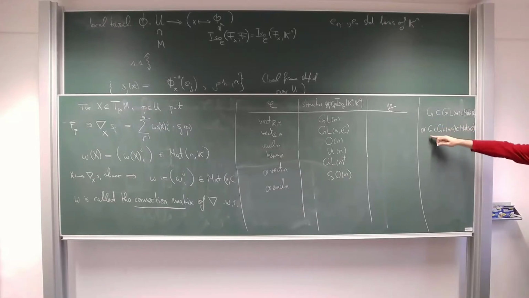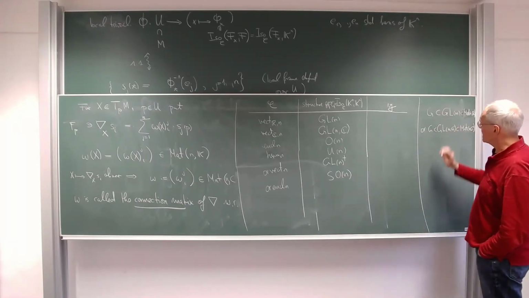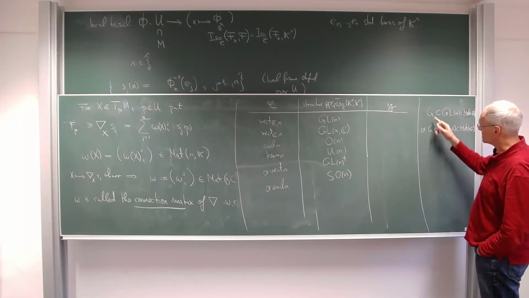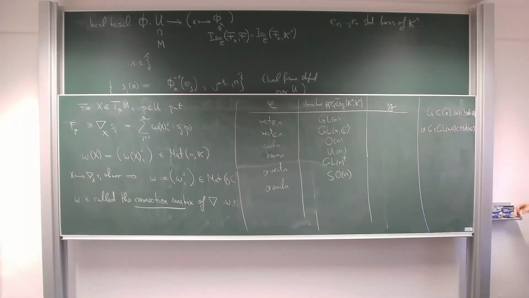So both are submanifolds in either this space or that space, and these are linear spaces, right? This is R to the n squared, this is C to the n squared. And so what I can do is just take the tangent space. The identity matrix is of course contained in it, and I can consider it as a linear subspace of this or that matrix group.